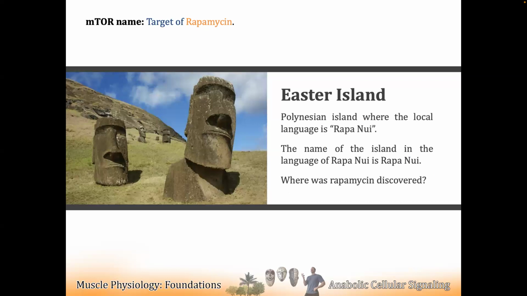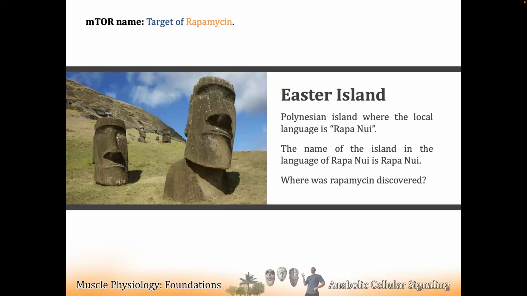But mTOR, I talked about this a little bit earlier. mTOR, the name, mammalian or mechanistic target of rapamycin. So it's named after rapamycin, right? So what is rapamycin? It's a big carbon compound, a macrolide. It's a big hunk of carbon produced by bacteria, and it was discovered on Easter Island, right?